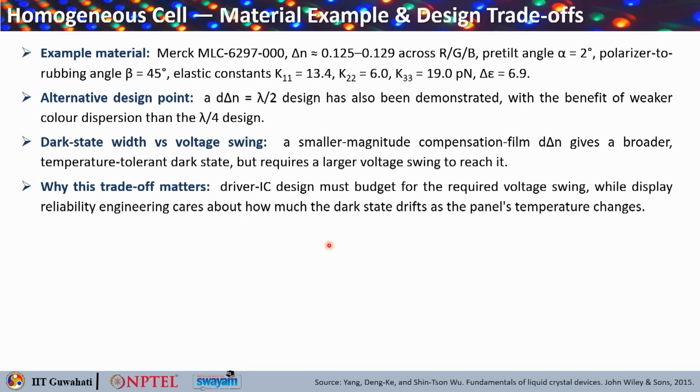So, when your display reliability engineering is caring about how much the dark state drifts with the panel's temperature change, right, this swing is very important to be taken into consideration in the design phase itself.